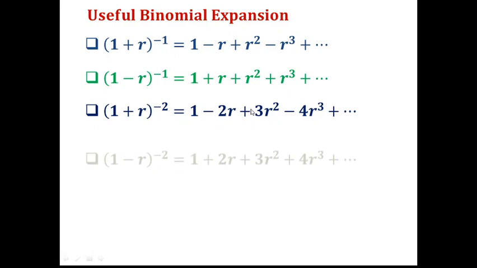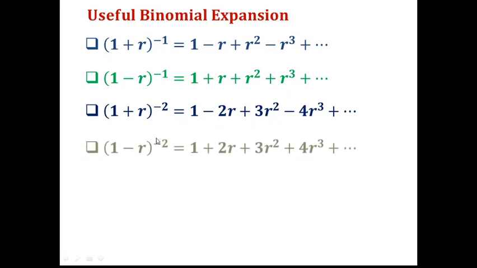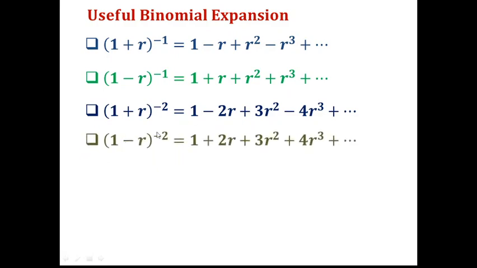And on the same line we have the last binomial expansion, when both are negative, all terms are positive, with the same terms 1, r, r square and the coefficients in increasing order, that is 1, 2, 3, 4 like this. So as and when required we are going to use these expansions. So let's begin with the first example.